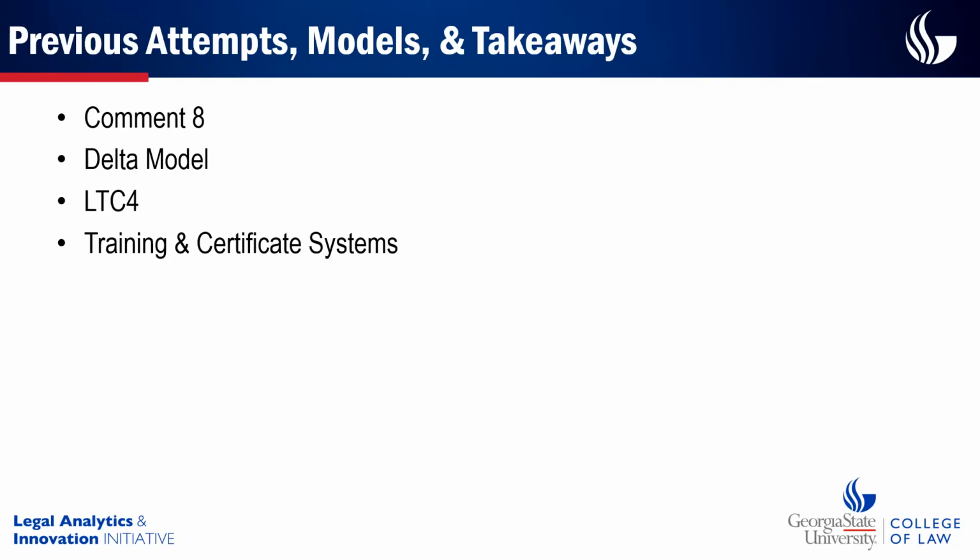So there have been different models. Depending upon how old you are, you might remember the I-shaped lawyer, and then the T-shaped lawyer, and the Delta model, and they've all been sort of different iterations of trying to get people to become more tech competent, but there hasn't been a common language for what tech competency means.